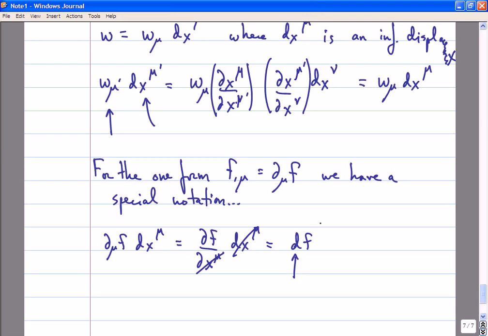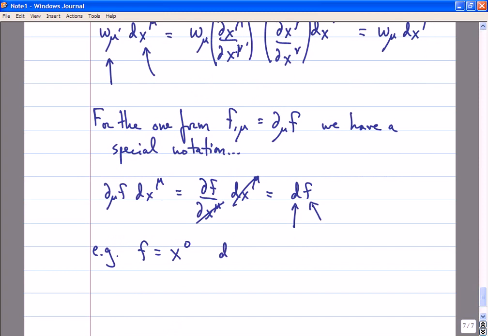So, for example, let's imagine that we have space-time described by some coordinates x0, x1, x2, and x3. And I could define the function which is given by x0 in those coordinates. It would take some other form in some other coordinates, but that's the form of the function in these coordinates. Then I could define the one form which is given by the set of derivatives of the function f.